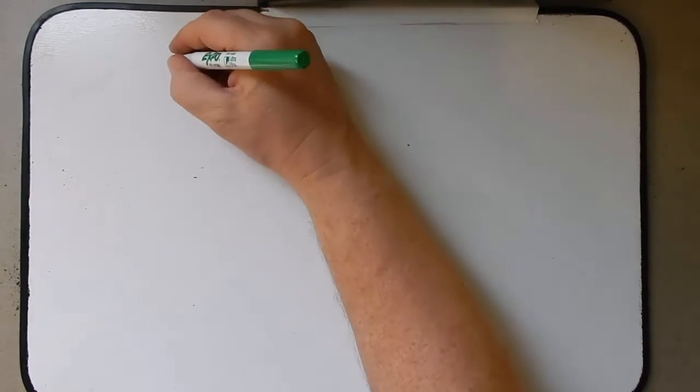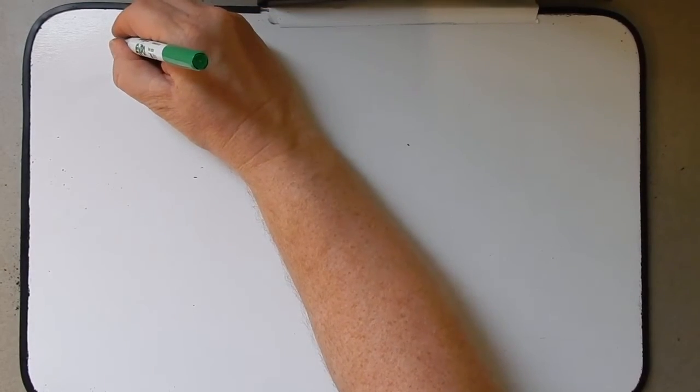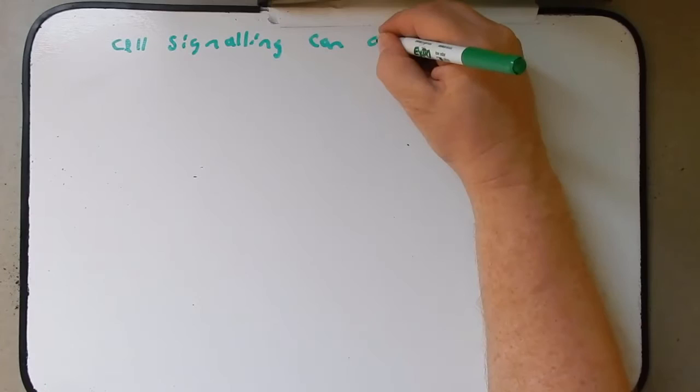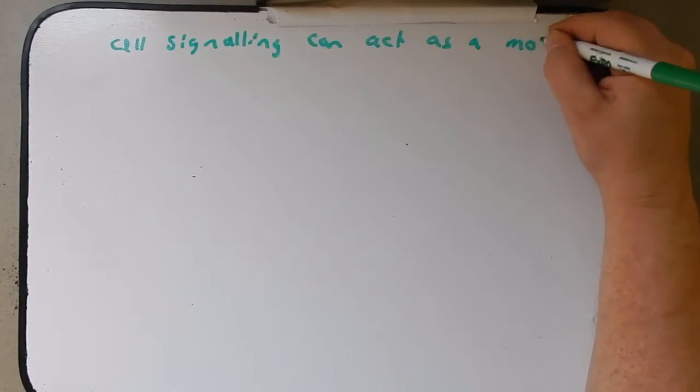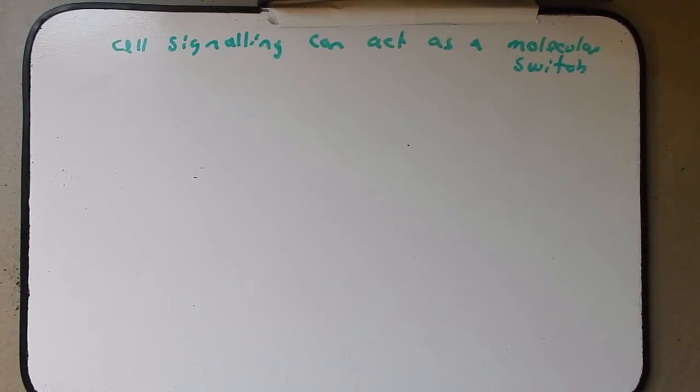The next thing I want to talk about is how cell signaling can act as a molecular switch, how the cell can turn on or off a pathway simply through a signaling pathway. I want to talk about this using a protein phosphorylation event and also a GTP hydrolysis event. But let's talk about phosphorylation first.